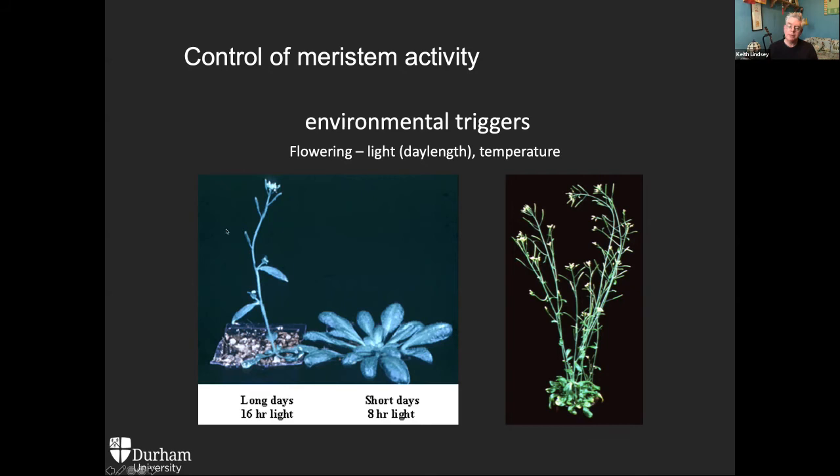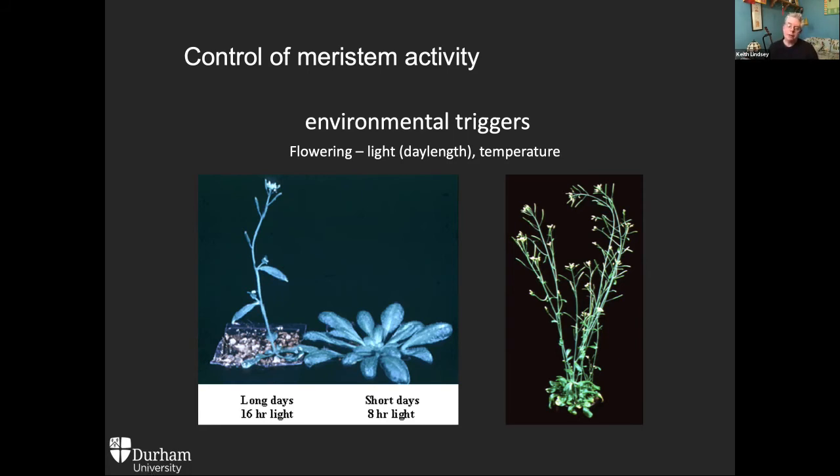In other words, when it's been through winter, it will flower in the spring. But if it's had a summer of warmth before that period, it won't flower. And that's how it differentiates between long days that could be either in the autumn or the spring, because of the temperature of the preceding few months. And the molecular mechanisms underpinning that are quite well understood.